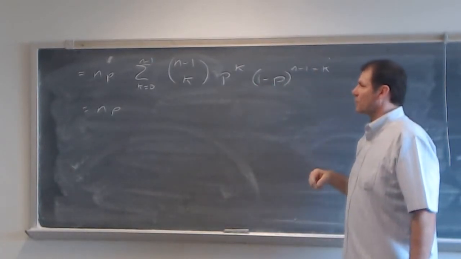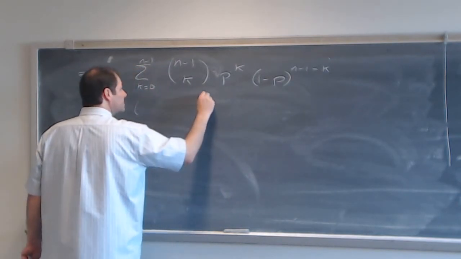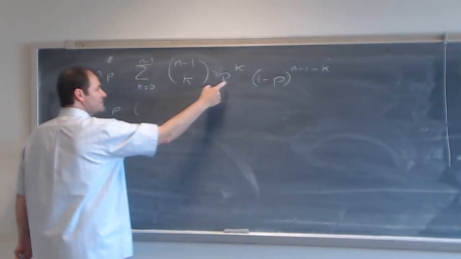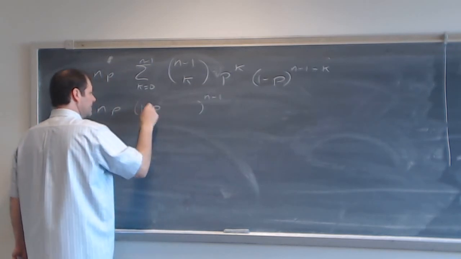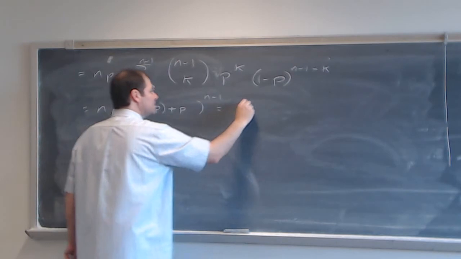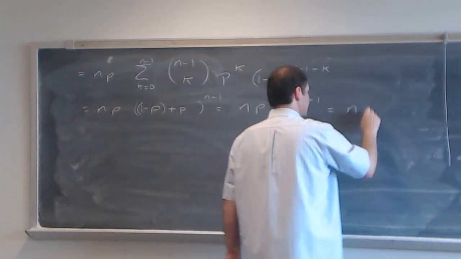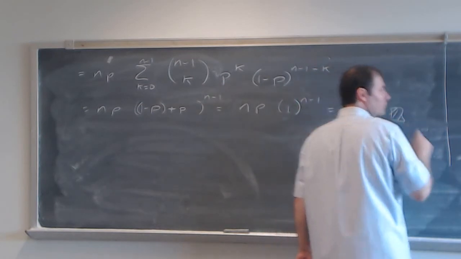That fits the binomial theorem perfectly, except what it would be is something raised to the n minus 1. But what the something is, is 1 minus p plus p. And so this is n times p times 1 raised to n minus 1, which just equals n times p. And that's the proof.